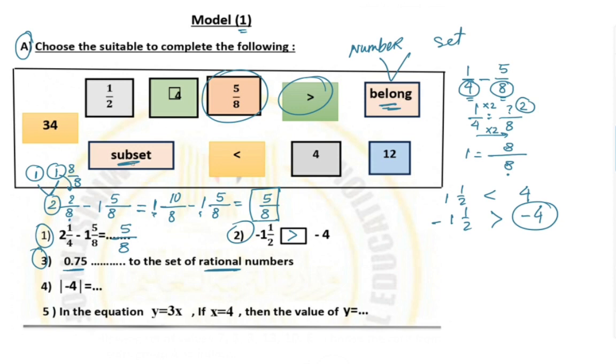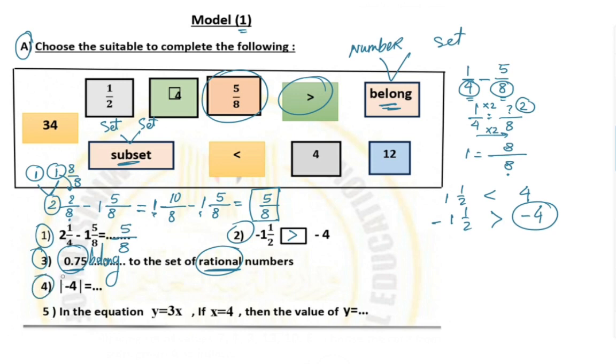But subset is between what? Between two sets. When you have a set and another set, I use subset or not subset. Now we have just a number and a set, so I will use belong to the set of rational numbers.